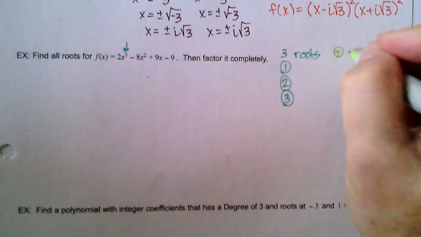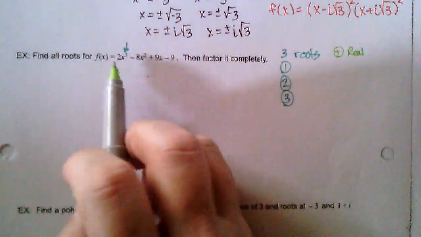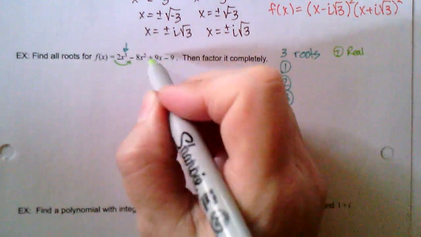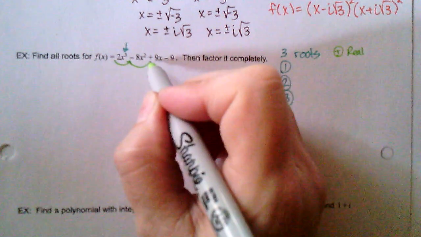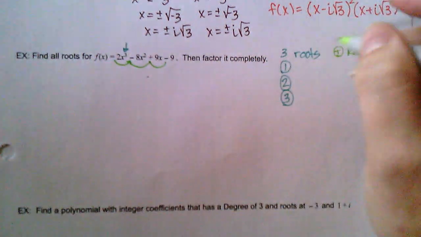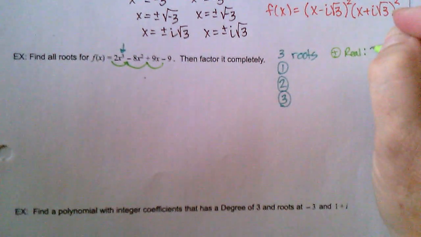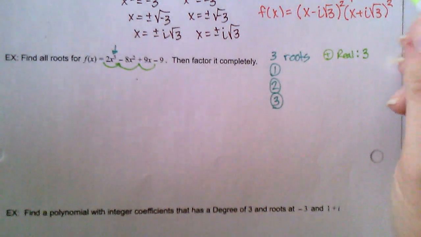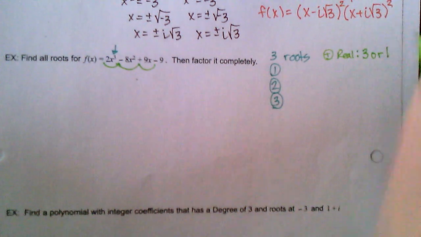So positive real roots, we go from positive to negative. So there's 1 sign change. Negative to positive, 2 sign changes. Positive to negative, 3 sign changes. So 3 sign changes tells me I could have 3 positive real roots, or I could have 1.